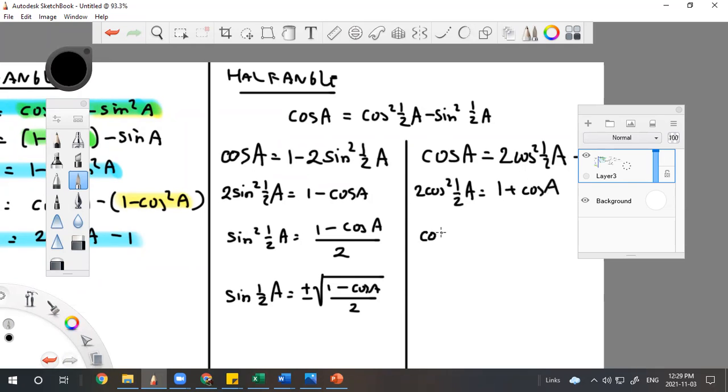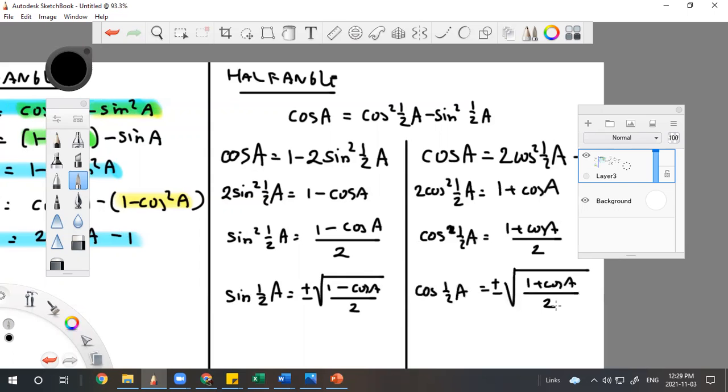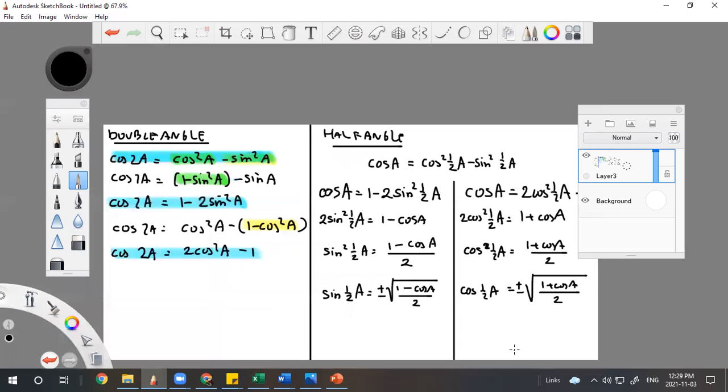So cos square half a equals 1 plus cos a over 2. So cos half a, you square root both sides because you want to annihilate the square here. Plus minus square root of 1 plus cos a over 2, right? That's what you learn about the half angle.